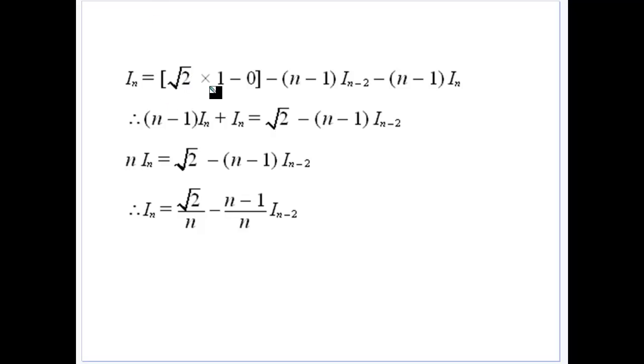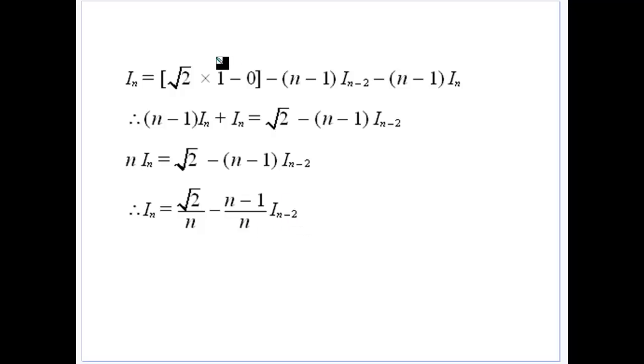That comes down to root 2 times 1 minus 0, and we get minus (n minus 1) times I n minus 2, and minus (n minus 1) of I n, which again we can take across to our left hand side, because we can collect our terms in I n, and that cleans up to n of I n. We've got our root 2, and we've got (n minus 1) on I n minus 2, and then dividing by n gives us root 2 on n, minus (n minus 1) on n, I of n minus 2.